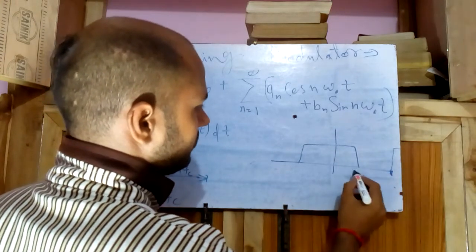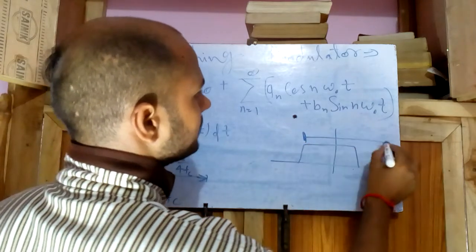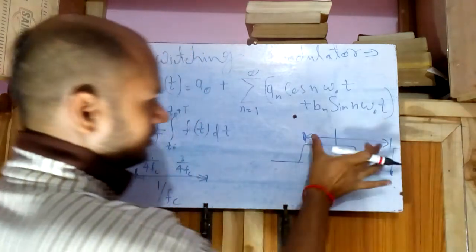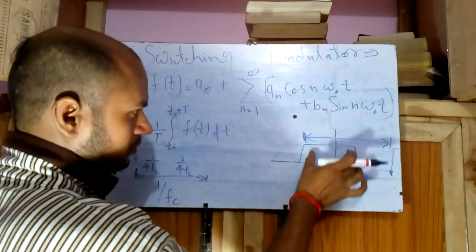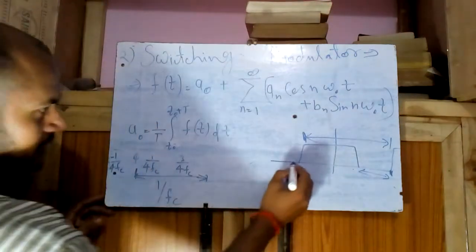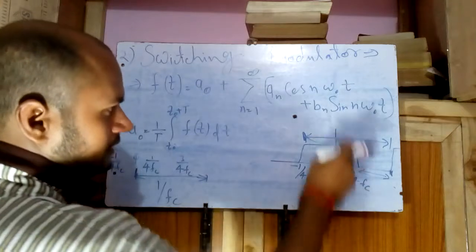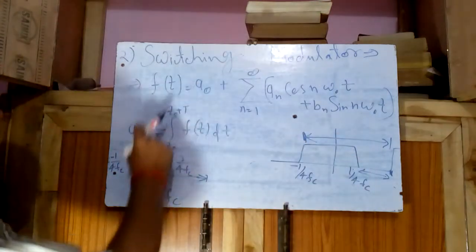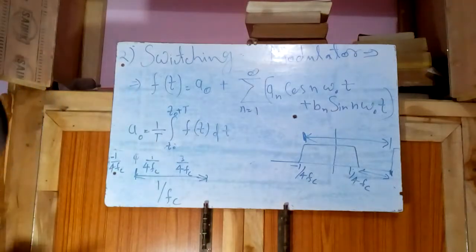So this is 1 by 4 Fc, from here to here, that is one complete cycle. In this range that is positive, and in this range that is 0. So minus 1 by 4 Fc to 1 by 4 Fc, that will give the signal. So we will make it from minus 1 by 4 Fc to 1 by 4 Fc.